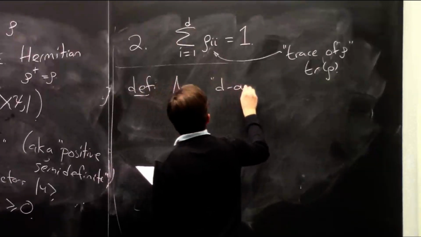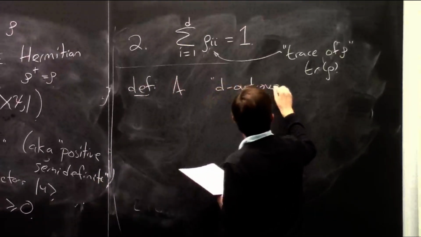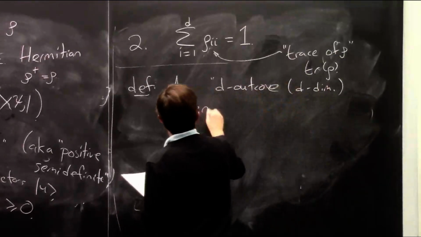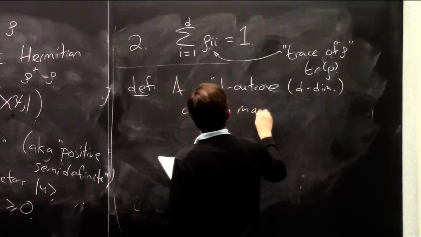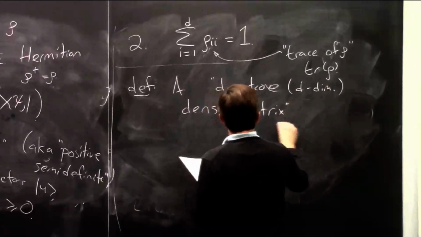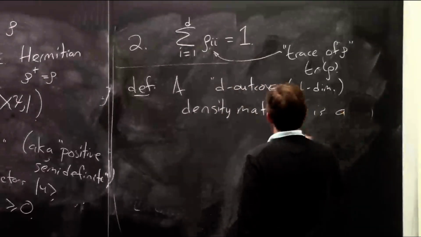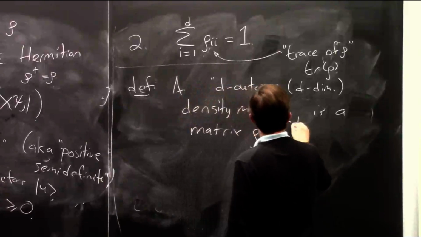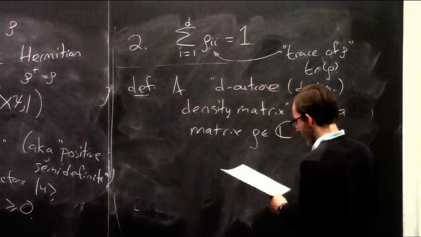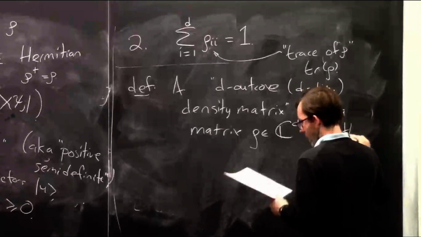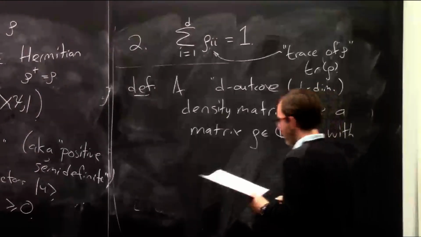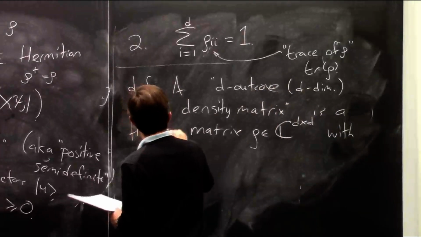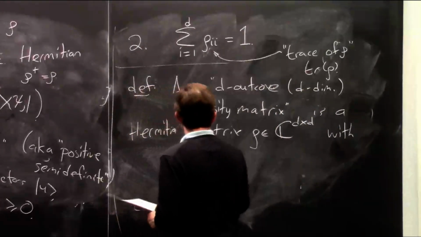A d-dimensional density matrix is a d by d matrix rho of complex numbers, and I should add Hermitian matrix here, with rho greater than or equal to 0.